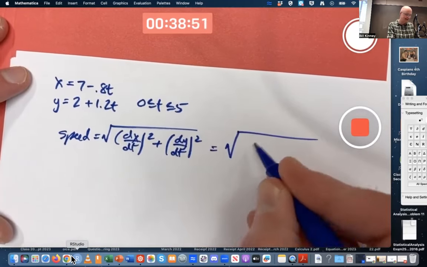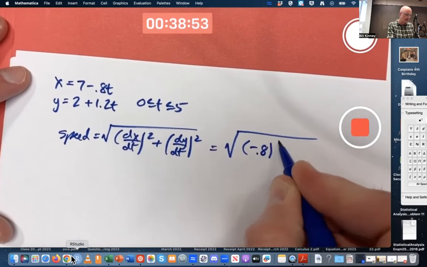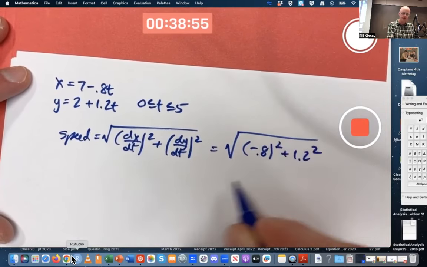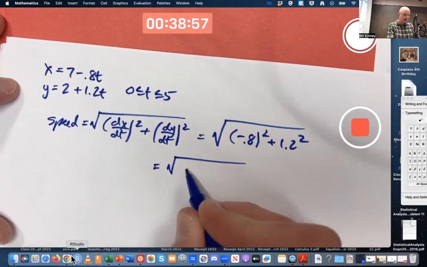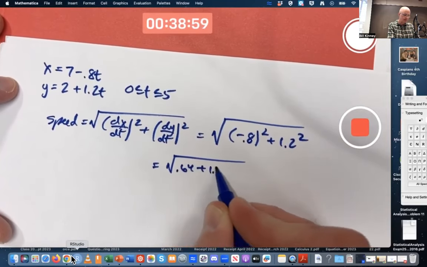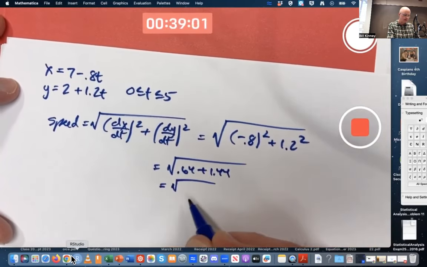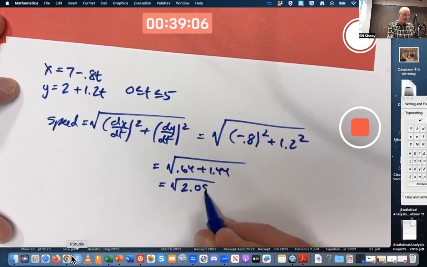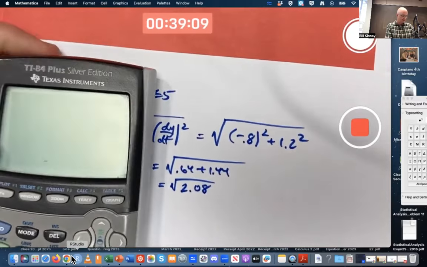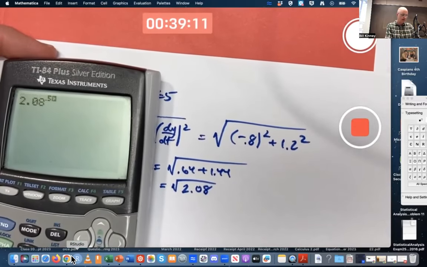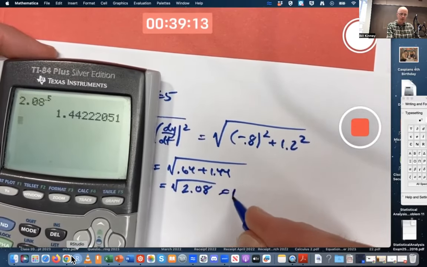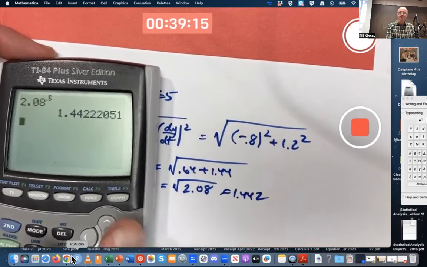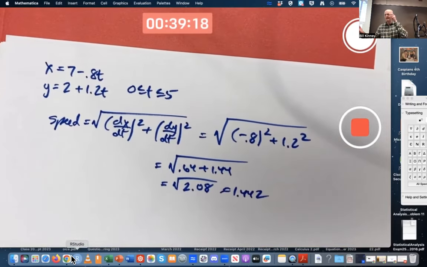In this case, that's square root of -0.8 squared plus 1.2 squared, square root of 0.64 plus 1.44, square root of what? 2.08. About 1.442. If your units of distance are in meters and time is in seconds, that'd be in meters per second.